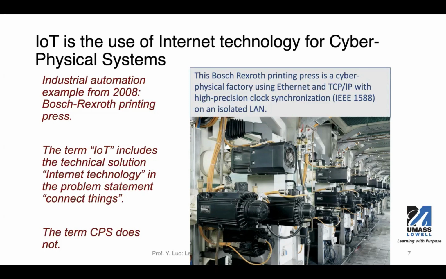This is a typical cyber physical system. But does it have to be connected to the internet? Well, in the future, maybe every car will be connected to the internet, but now they are not connected to the internet in most cases.